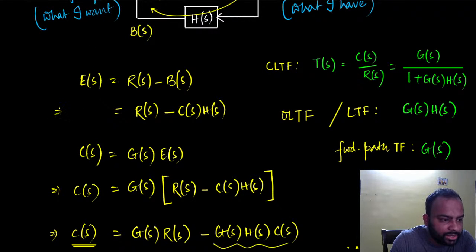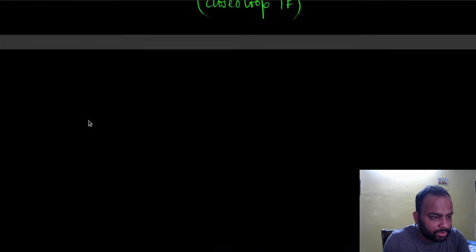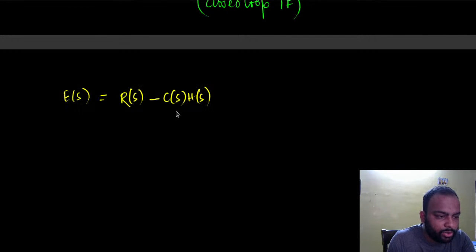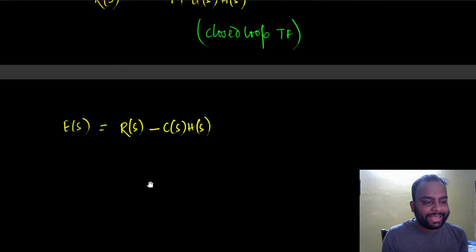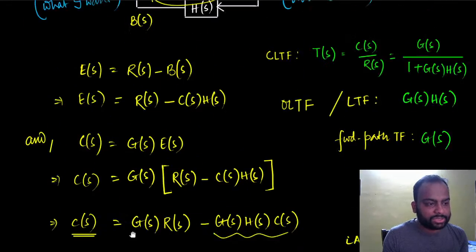So let's just copy and paste this here. We are writing E(s) equal to R(s) minus C(s) times H(s). Now I want to represent E(s) in terms of R(s), because that's my reference input signal.